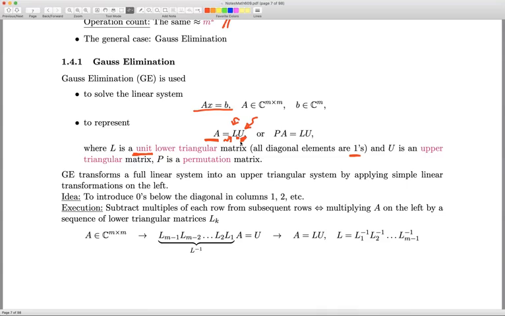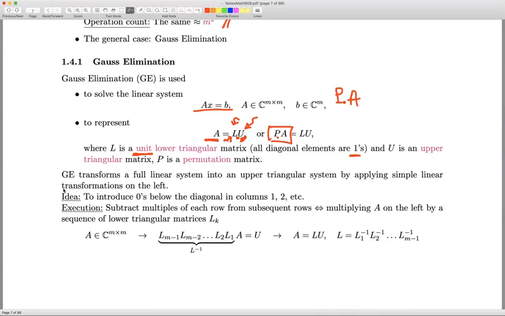If the matrix A cannot be written in this form, we will see that we can find a permutation matrix P such that not A is equal to L times U, but P times A is equal to L times U. So not A by itself is the product of L and U, but if you multiply a permutation matrix times the matrix A, which basically means that we will do some permutation of the rows of the matrix, then we'll end up with a matrix that has the LU factorization.